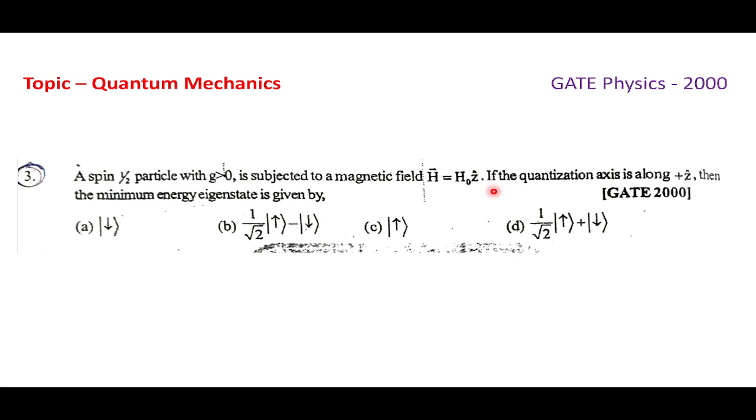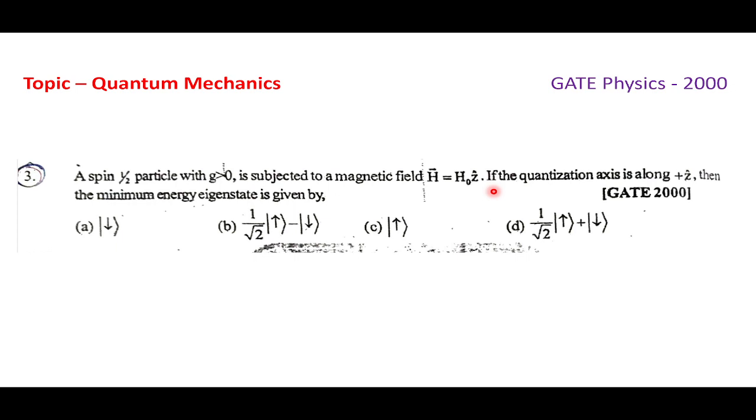So basically what will be the expression? That will be g times mu B, where mu B is e by 2m, right? Mu B is e h cut by 2m, sorry, no, e by 2m, I was correct.